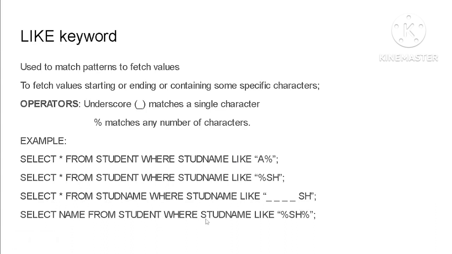Select name from student where student name like percentage SH percentage, which means in between it should be SH, and before and after it can be any letter. But even if you don't have any, if you just have SHI, there is a name called SHI, before that there is no word, even that will be fetched. Either 0 characters or more than that, right?